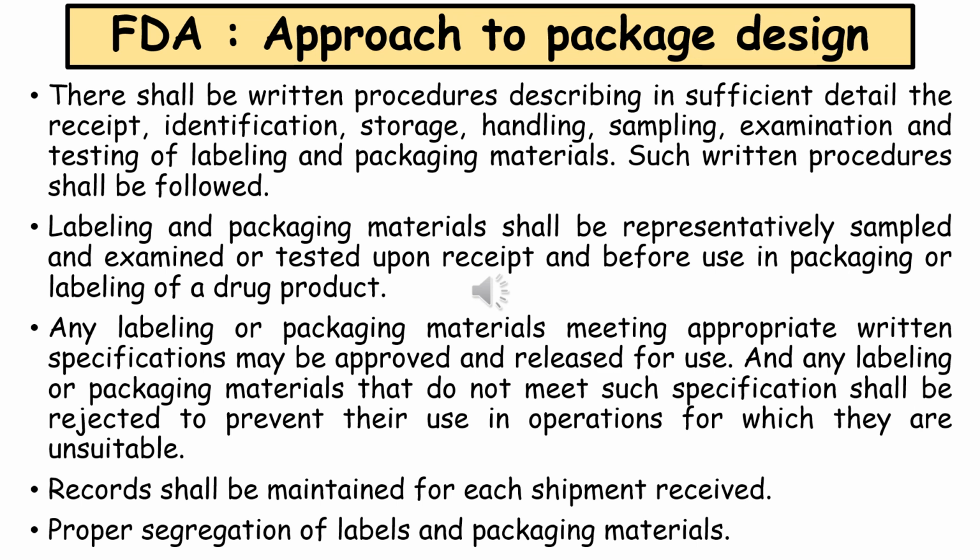Means the guideline states that the pharmaceutical industry or the packaging department should have written documented procedures, either in the standard operating procedure form, or protocols wherein the detailed procedure is mentioned on how to receive the packaging materials, what documents need to be checked and verified, how to check and analyze the conditions in which the packaging materials and labels are received, how to identify the packaging materials, and how to store, sample, examine and test the label and packaging materials.